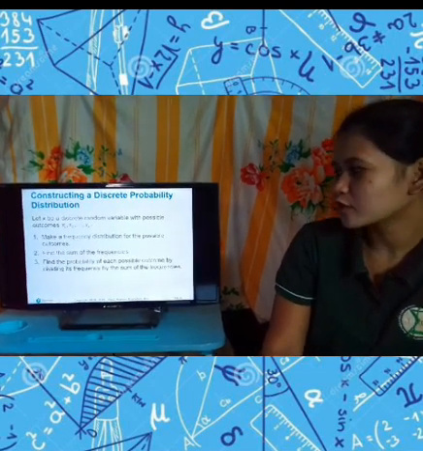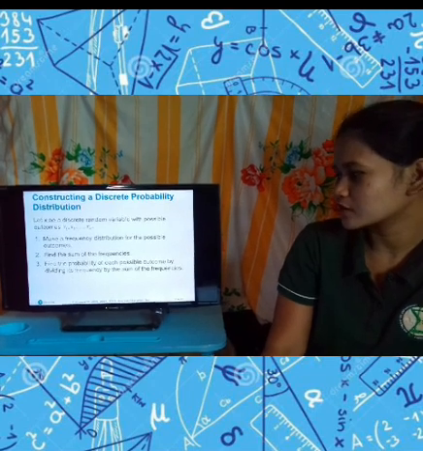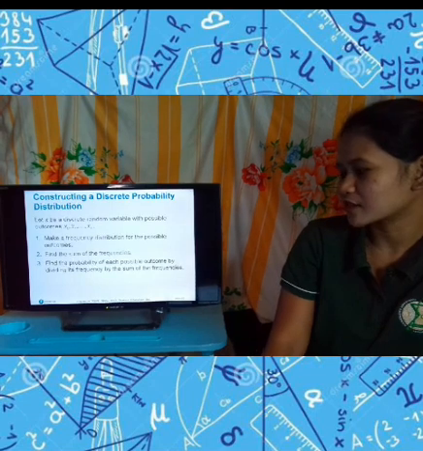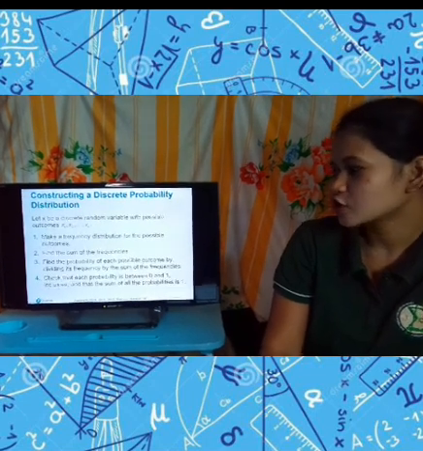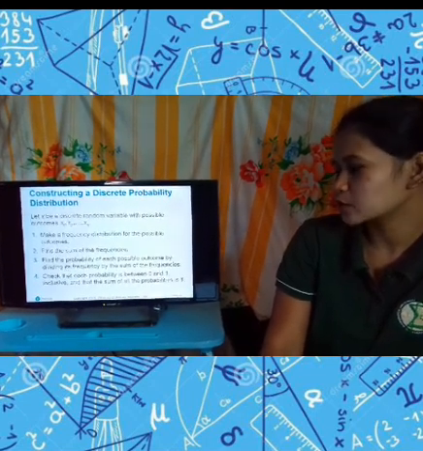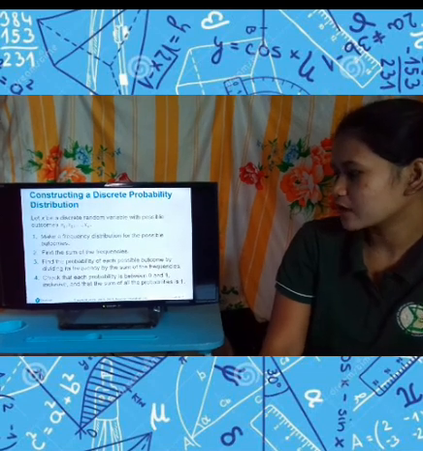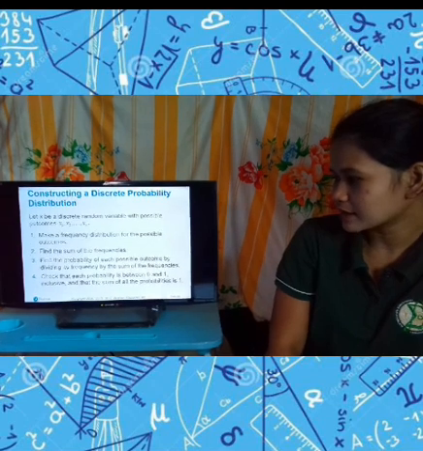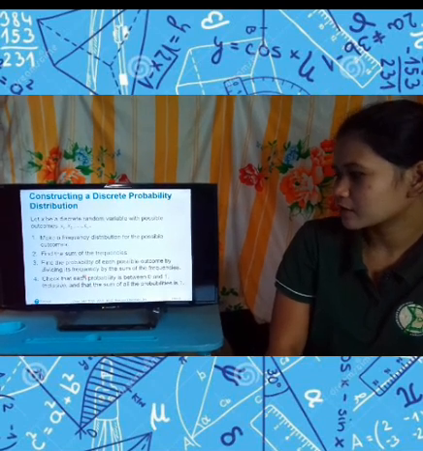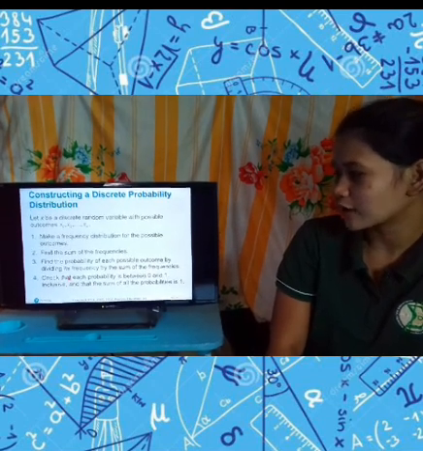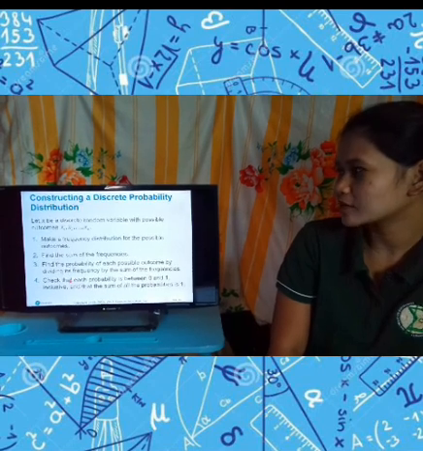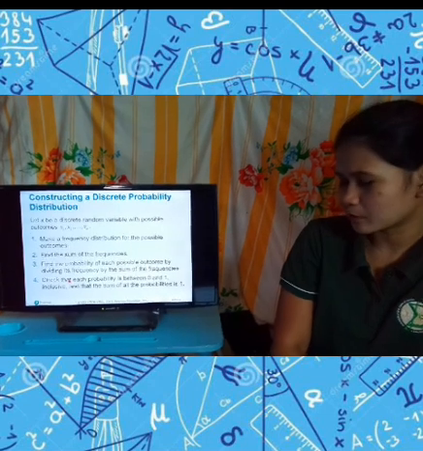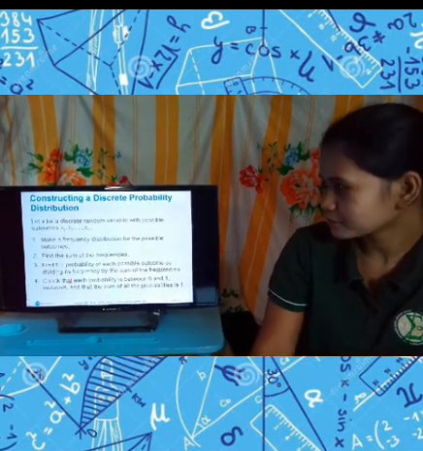After that, we will find the probability of each possible outcome by dividing its frequency by the sum of the frequencies. And then lastly, check that each probability is between 0 and 1 inclusive, and that the sum of all the probabilities is 1. This last step says that it must satisfy the two conditions for the distribution to be a discrete probability distribution.